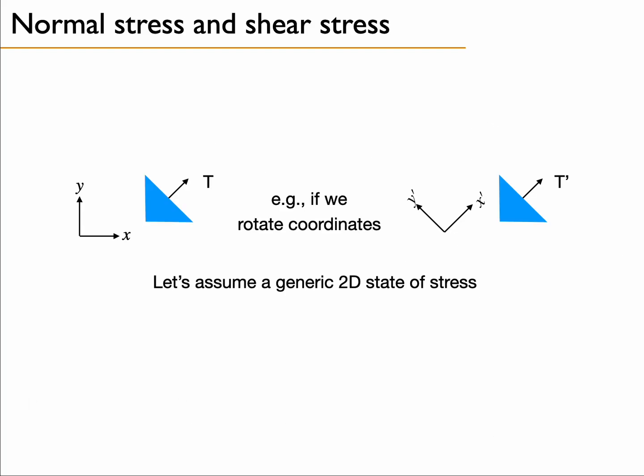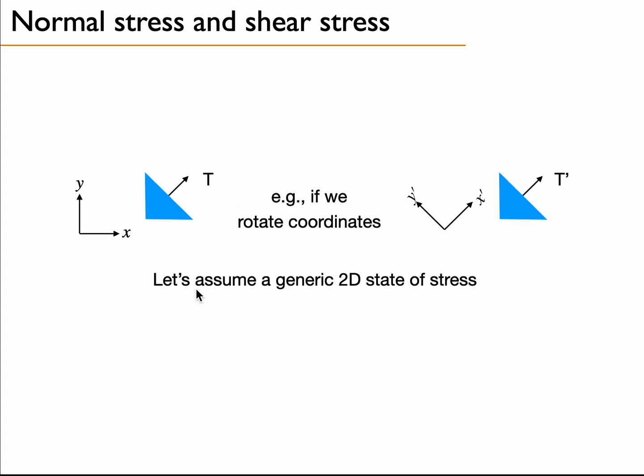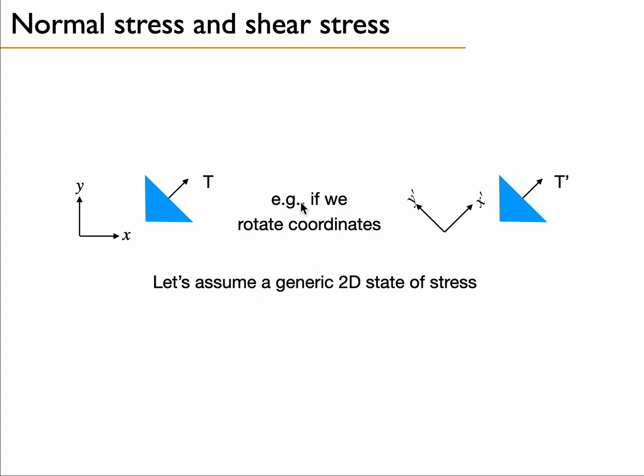So there are some specificities about tensors, and here we will assume a rotation of the coordinate system. We will have an object which has a stress field, and we will have here a traction vector. The traction can be expressed in xy coordinates, but it can also be expressed in the x prime, y prime coordinate system.